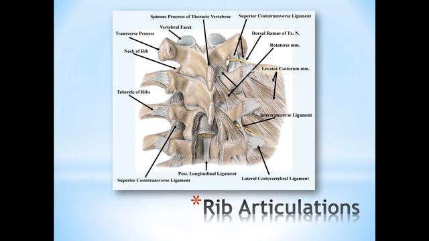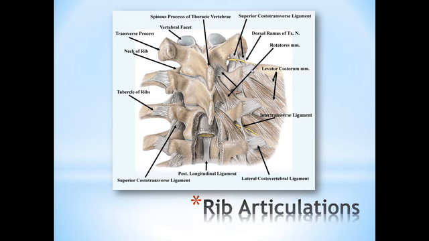So when I look at the costochondral and the costosternal joints, they are the articulation really between the first and the 10th ribs anterior-laterally with the costal cartilage.